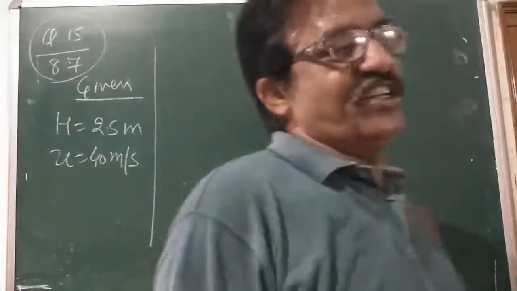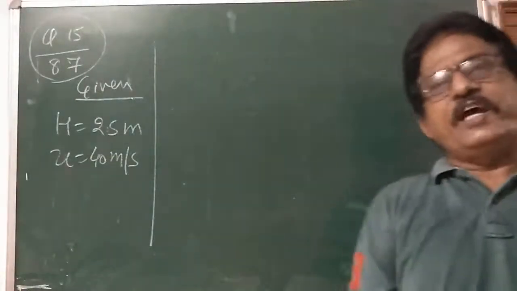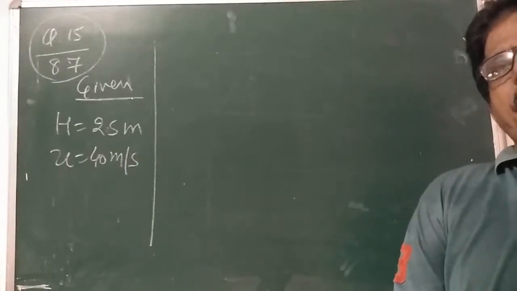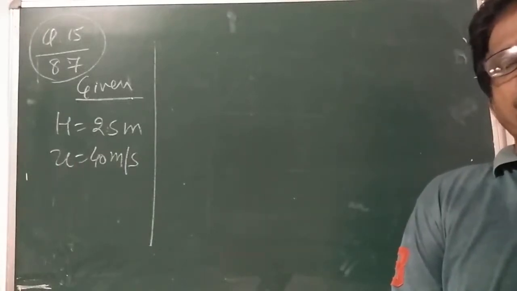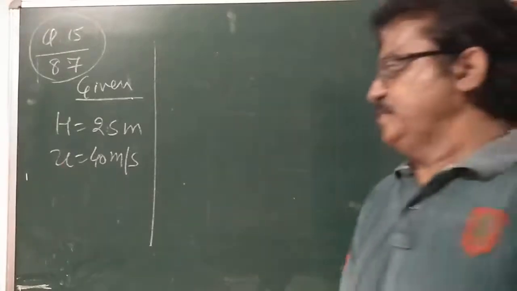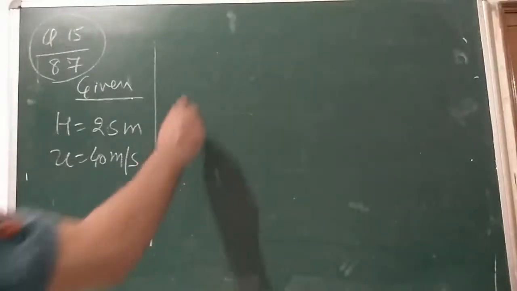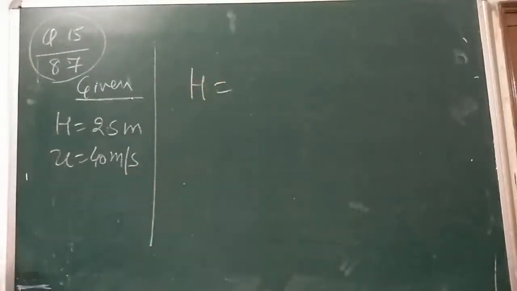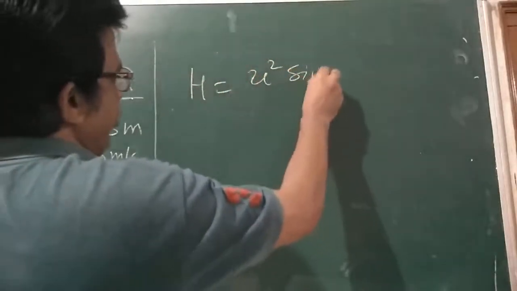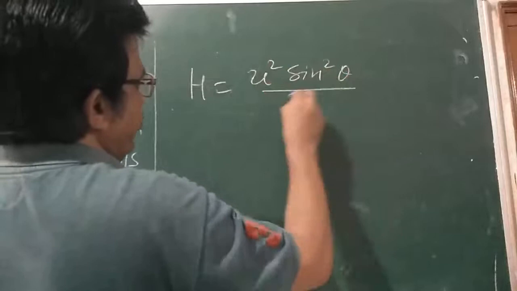We have seen, dear children, the projectile motion, and in that projectile motion we find different formulas. In this question I have to use the height formula, that is u square sin square theta divided by 2g.